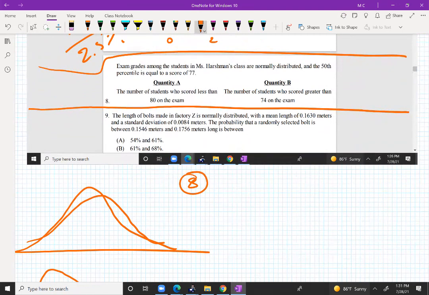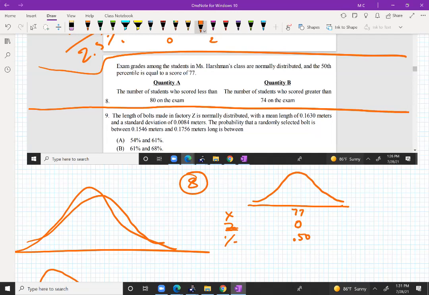So 77 is right in the middle. Easy to tell, right? The Z score, the standard deviation, how far it is from the mean, is 0. The percentile will be 50%. I tell my students to make 3 rows here so you don't mix it up: percentile, Z, and Z is how many standard deviations away from the mean.